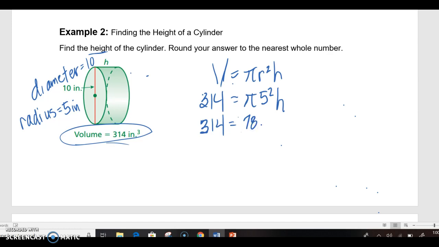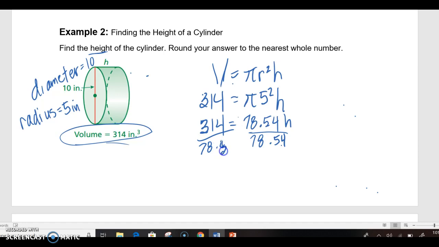You can round that however you want for right now. So it's 78.539. So that would actually round to 78.54 times the height. So notice what we have here is a one-step equation. So if I want to solve for the height, I have to divide both sides by the 78.54.